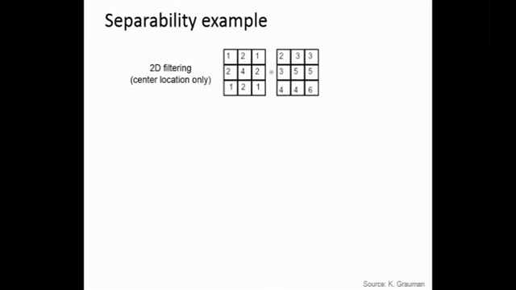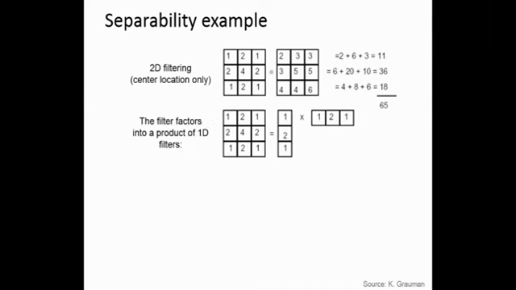So if I have a separable filter, this isn't quite a Gaussian, it's more of a triangular filter, but if I have a separable filter like this one, then I can break it out into a vertical component and a horizontal component. Note that if I filtered this on the right side with this on the left side, then I would get this as my output.